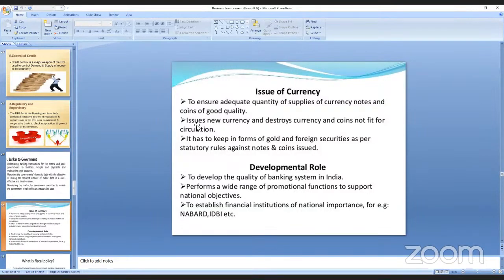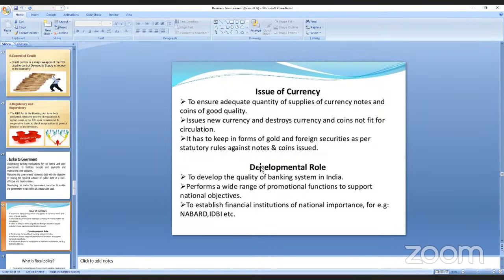So here also, to issue the currency, they have to keep gold and foreign security against the notes and coins issued. RBI cannot print as many notes as it wants in the country. You cannot print unless the signal is given from the parliament. Is it clear? Yes, ma'am.